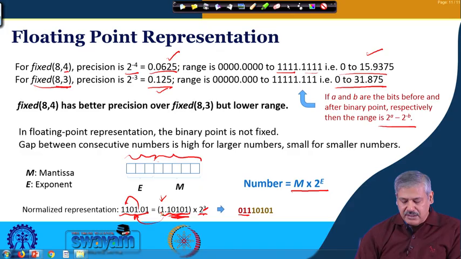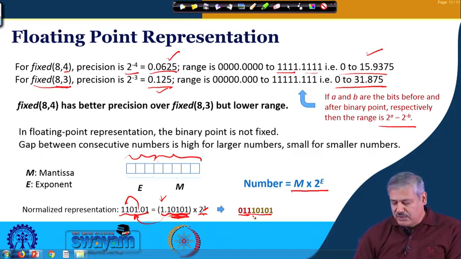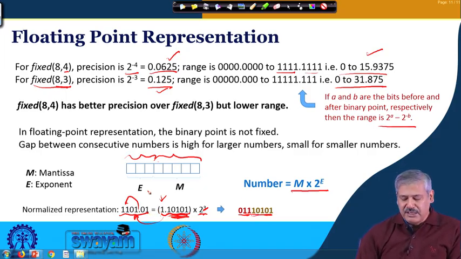So, this number will be stored in the memory in floating point representation as 011, which is the exponent, that is 3 over here, and the fractional part with 1 on the left hand side, 10101. That is how it will be stored in the memory. So, that is the floating point representation.